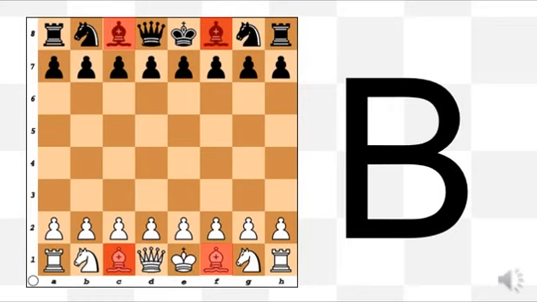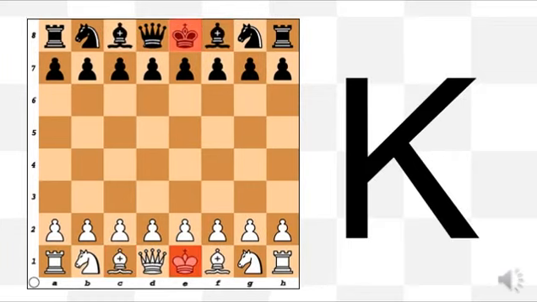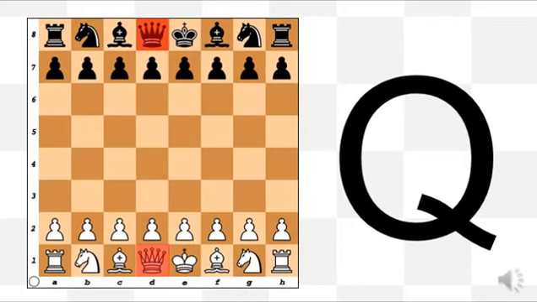All the bishops are symbolized by the capital letter B. The king is the piece that is symbolized by the capital letter K. And finally, the queen is symbolized by the capital letter Q.